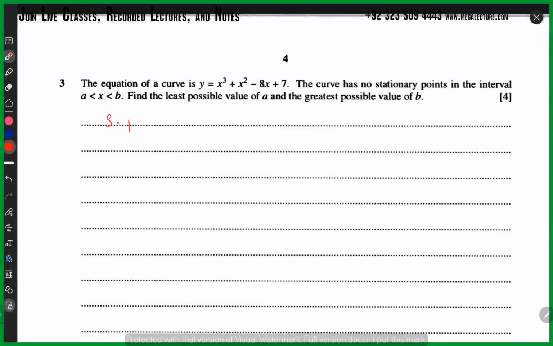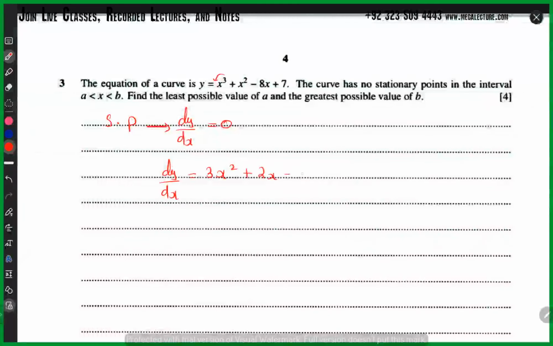For stationary points, we do dy by dx equals 0. Now dy by dx is basically 3x squared plus 2x minus 8, and this is equal to 0.